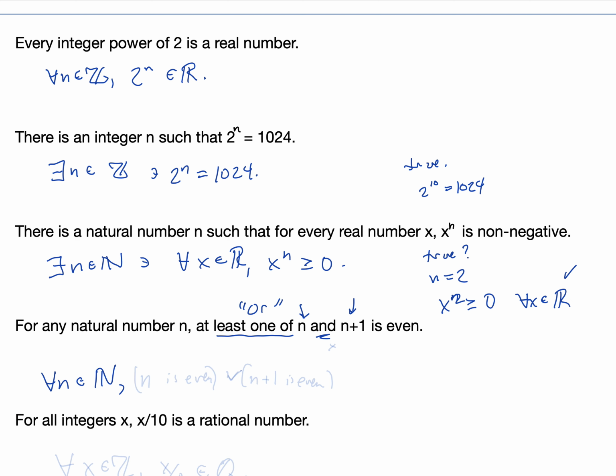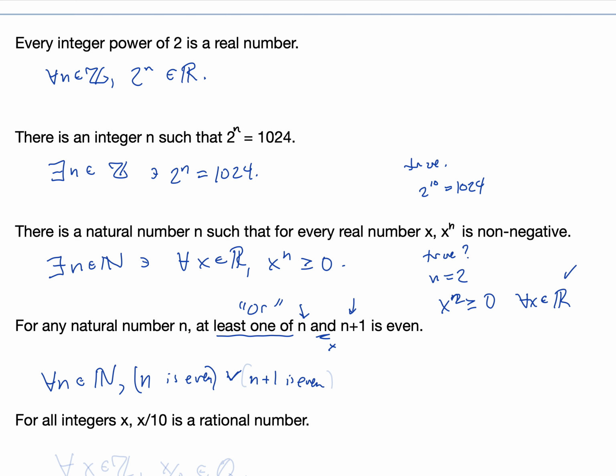This and is kind of throwing off the idea that this is logically an or. N is even, or n plus 1 is even, or in theory both are even, which can never be true. So for any n in the natural numbers, n is even or n plus 1 is even. And that's our symbol right here for or.